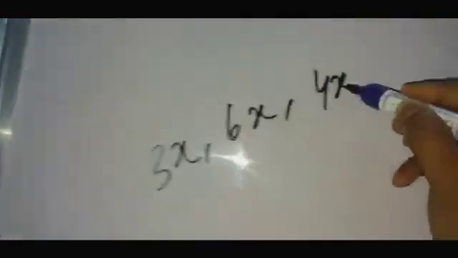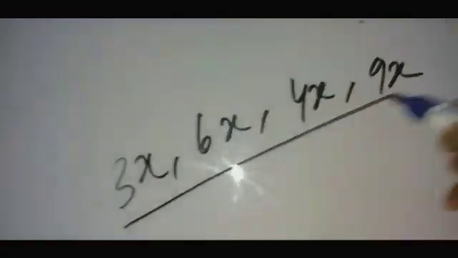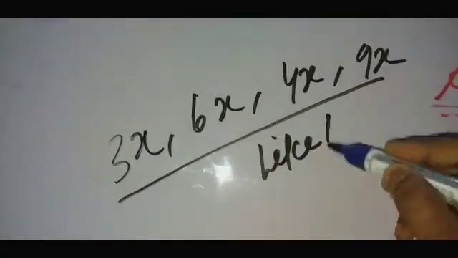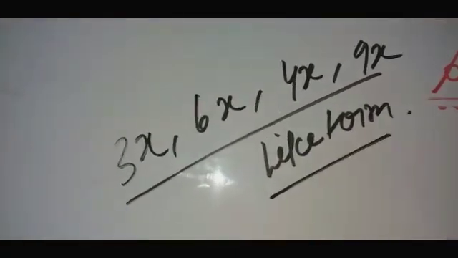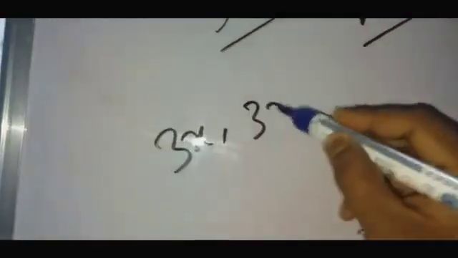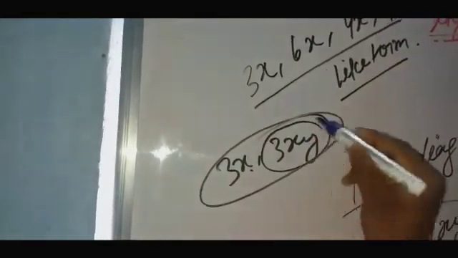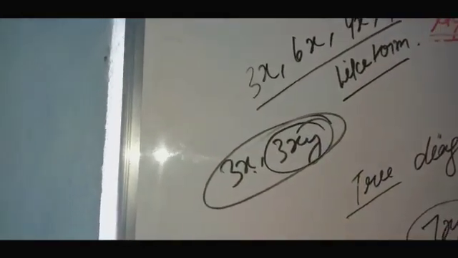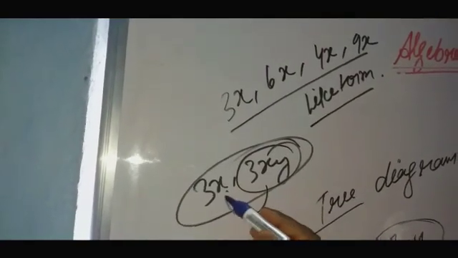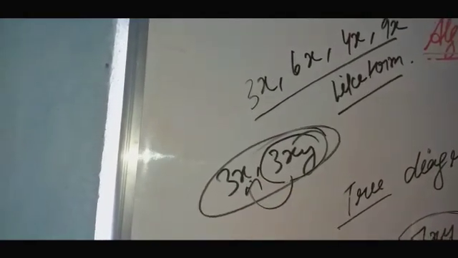As for example, 3x, 6x, 4x, 9x are like terms, but 3x and 3xy are unlike terms, because here 3x, here 3xy, y is the different term, so it is not related to 3x, so they are unlike terms.